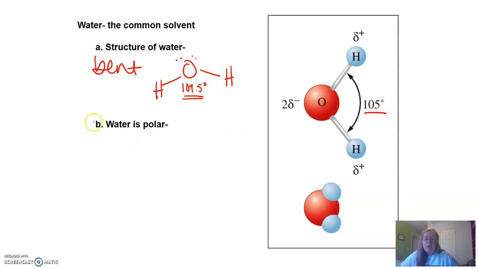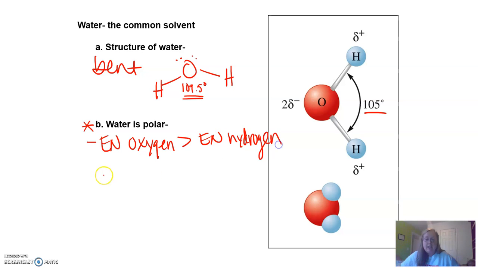Another really important part of water, and in fact, I would say it's probably the most important aspect of water that allows it to have the characteristics that it does, is its polarity. Water is very polar, and because the electronegativity of oxygen is greater than the electronegativity of the hydrogen atoms, this creates a dipole moment.